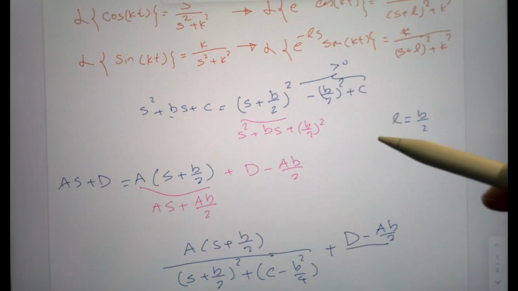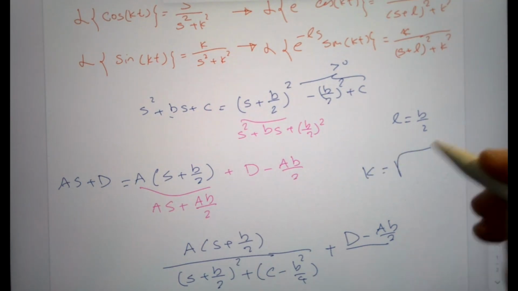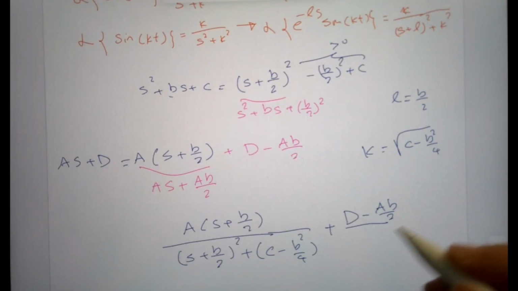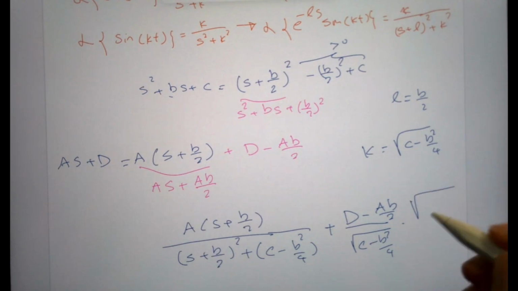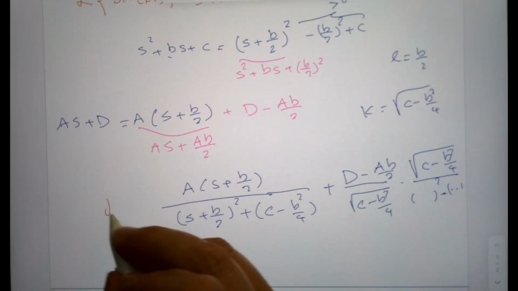And let's remind ourselves, what is k? K is that square root of this c minus b squared over 4. So that divided by that times this, again over that. And so when you're doing a Laplace inverse, what's going to happen?